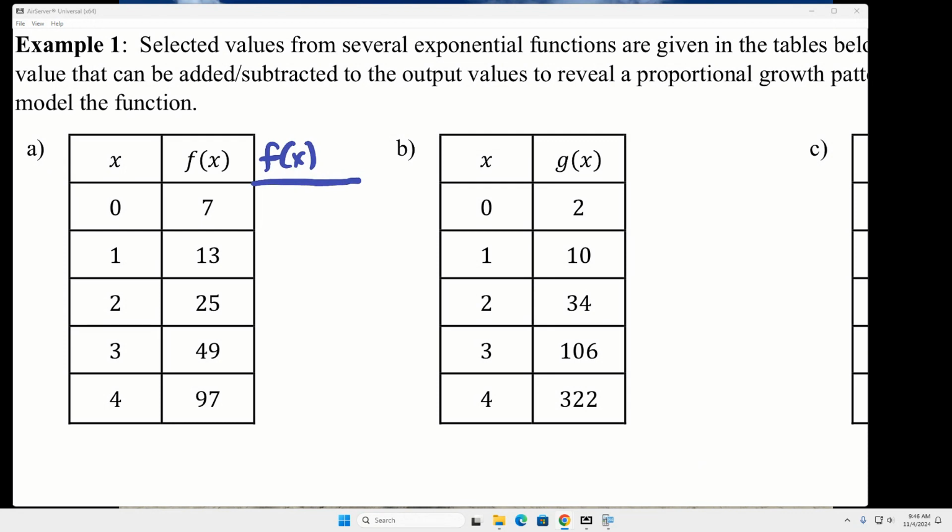So just try this in your head. Look at these outputs, add or subtract the same number from them until you can see that you're multiplying by the same thing each time. Does anybody figure it out?